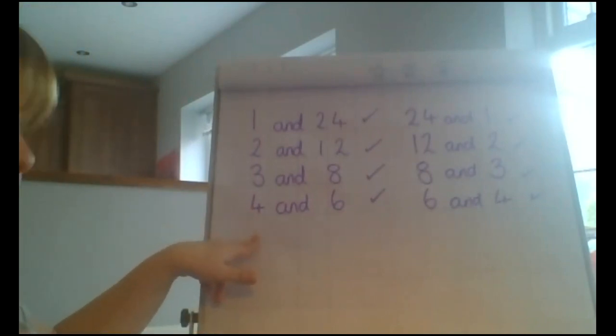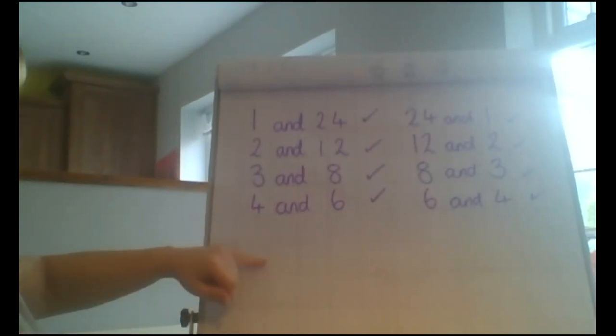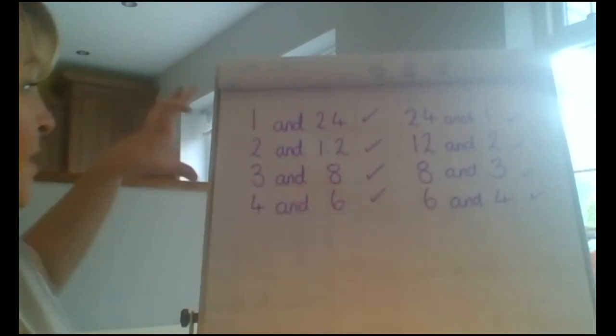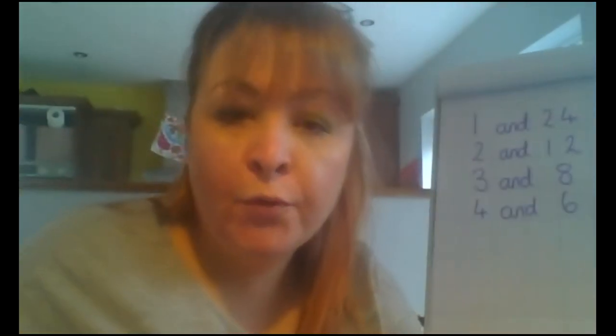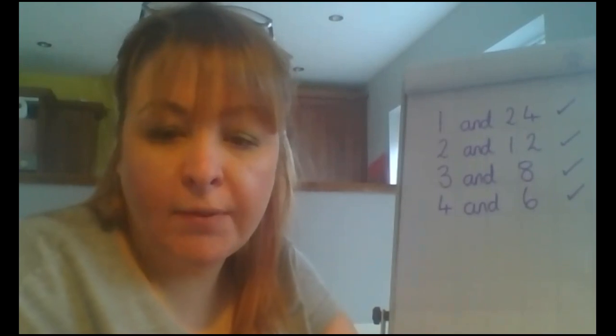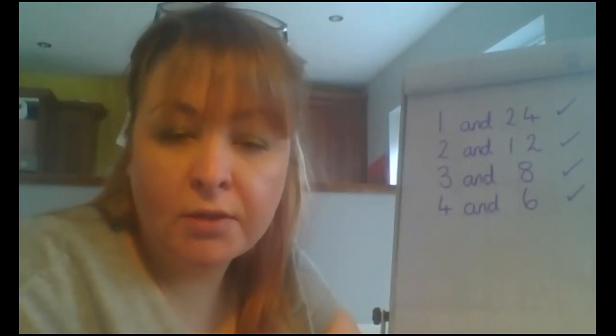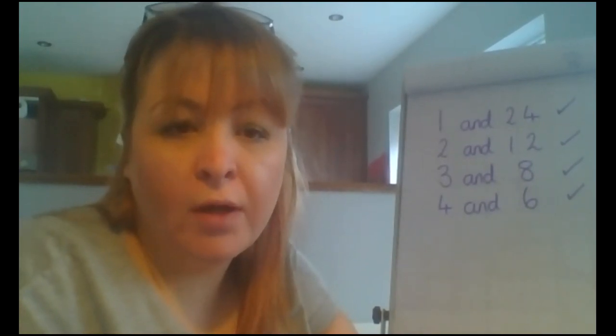Is it in the 5 times table? No, it's not. And then if we get to the 6 times table, we can see that we're repeating. So there are 4 factor pairs for 24. So any one of those, and you would have got that right.